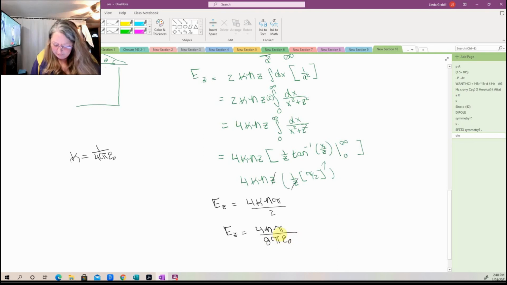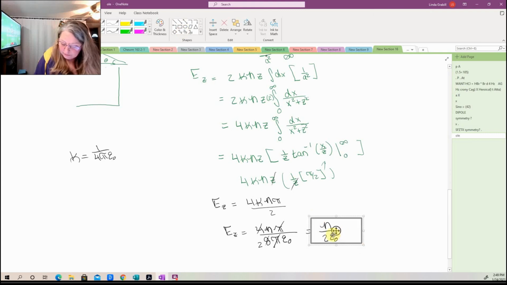This is why, looking in your book, you see that cancels out, that goes to a 2, and the pi's cancel out. Then you see this handy equation: eta over 2 epsilon naught. Boom. That is where that darn thing comes from, all the work that we just did.